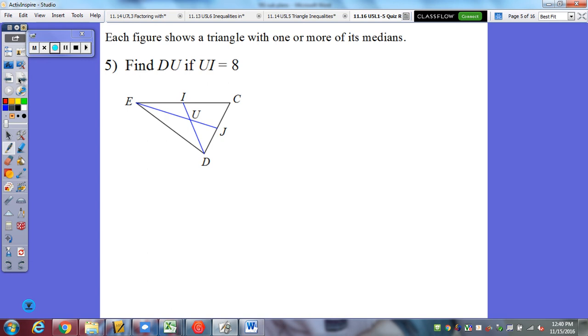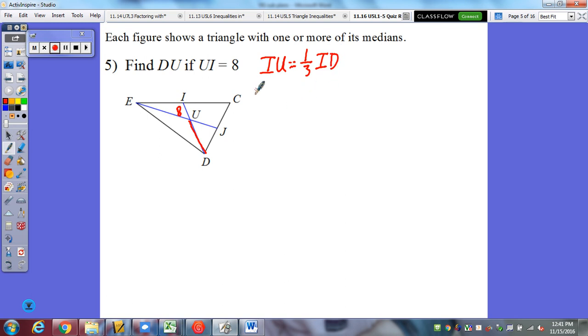All right, so here we have the medians. The medians are the 2/3, 1/3 thing. So in this case, we're looking for DU, and we know that UI is equal to 8. If I'm looking for UD, let's find out in regards to IU and the whole thing. IU is 1/3 of the whole median itself, so IU is 1/3 of ID.